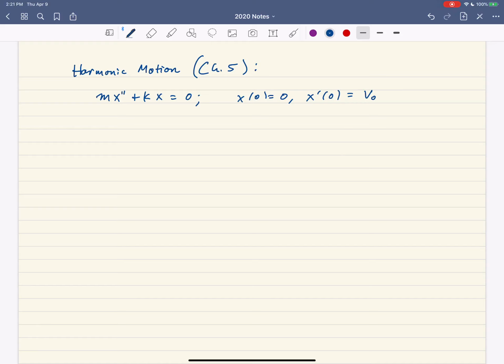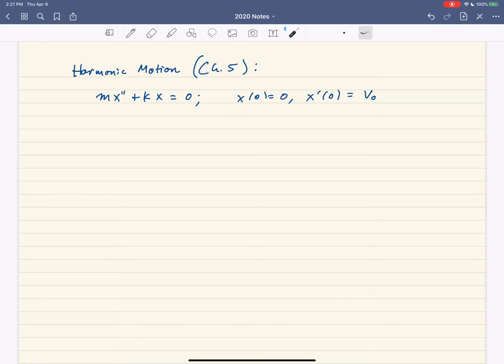Here m is the mass of some object, k is a constant depending on the system, and we wanted to come up with a closed solution for x. We can do this very easily because this is a second degree linear homogeneous differential equation with constant coefficients.